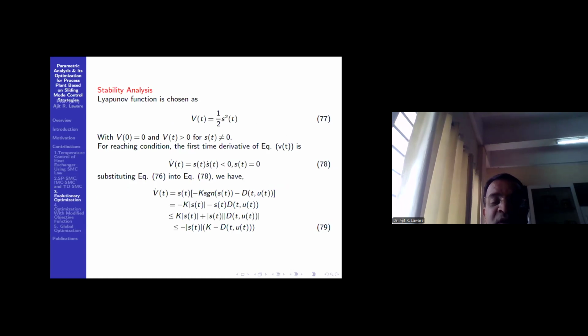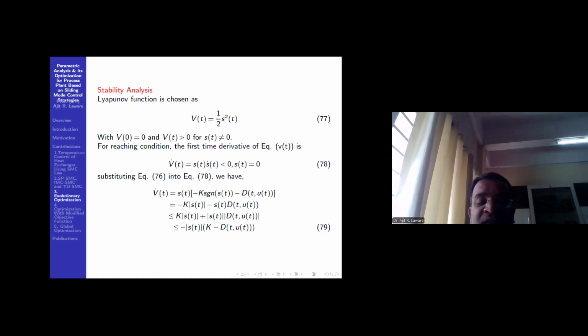So I am getting what? S of t in bracket this S dot t term. So that is nothing but minus k mod of S of t minus S of t dt u of t. So instead of SGN of S of t, I can write mod of S of t divided by S of t.